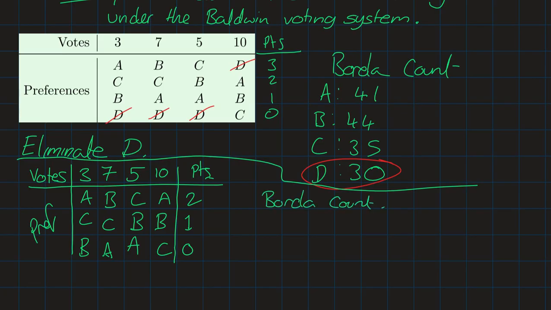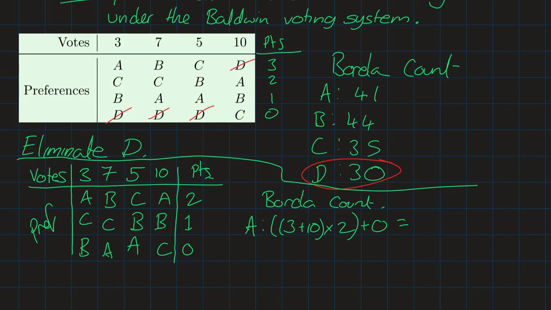So I actually have to write this out this time. A is going to get 3 plus 10 times 2, plus 0 times 1, plus 0.